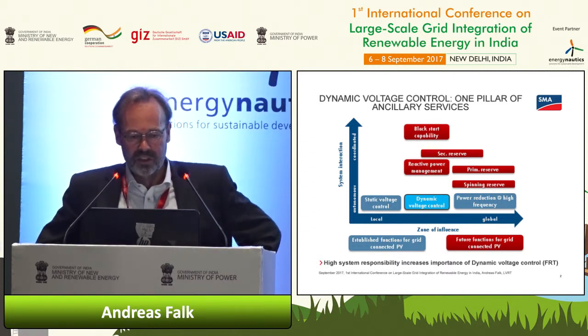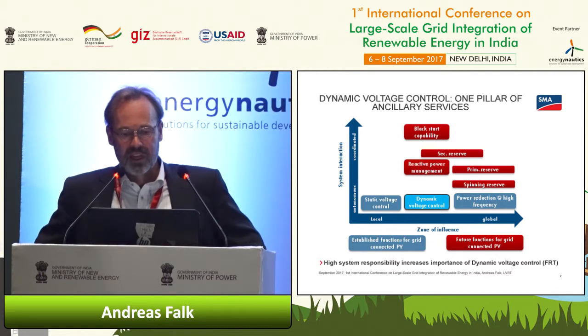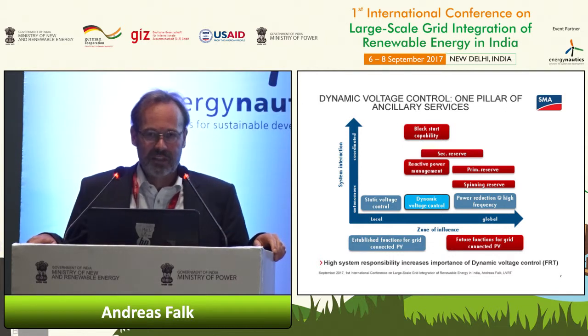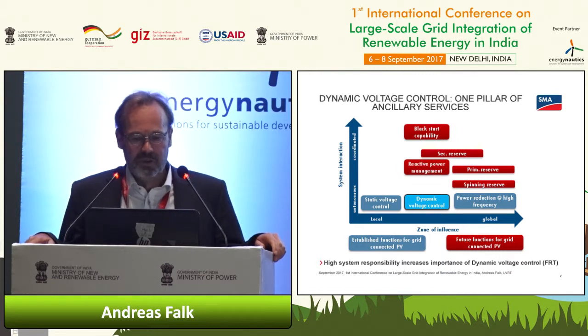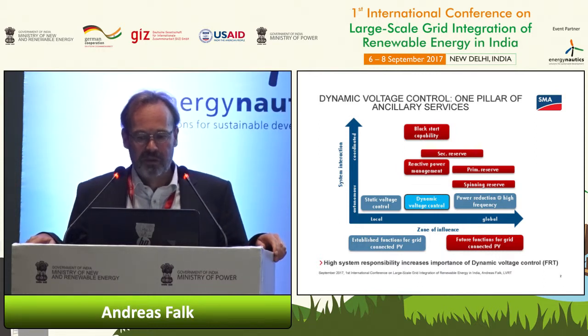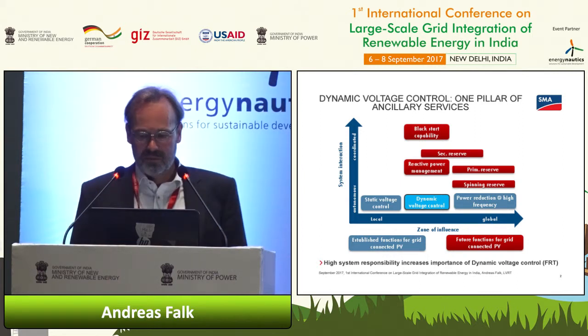It is a function that has a more local influence, and a lot of aggregated devices acting as FRT devices may have a global impact in case the voltage dip is caused in the transmission grid.